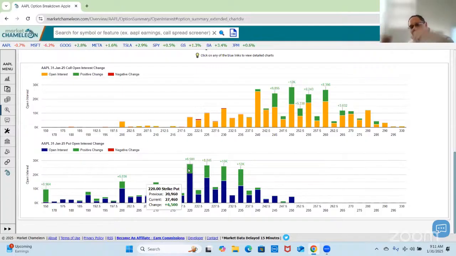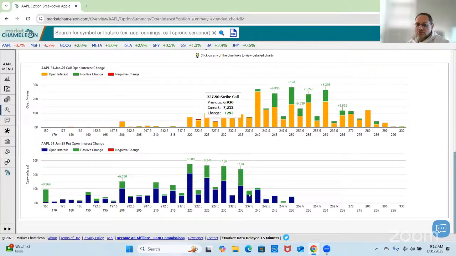So just coming in, based on this expiration, it looks like open interest was kind of split between out of the money puts and out of the money calls, based on the price of the stock closing right here at 237.5.